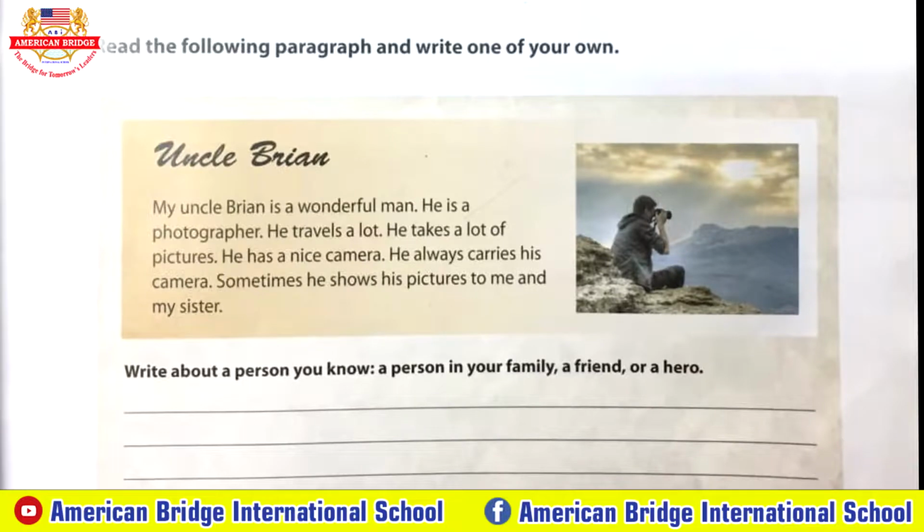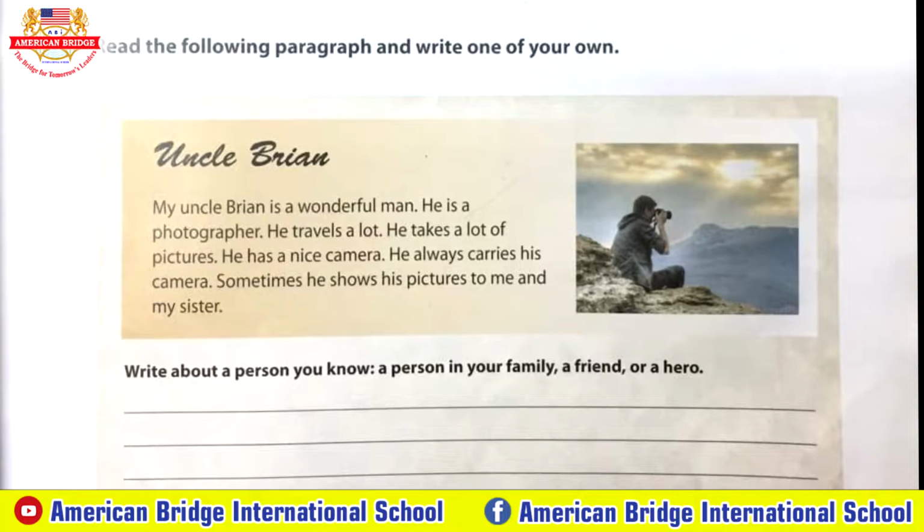Now for our part 2, read the following paragraph and write one of your own. So as you can see, everyone, you have already your example, Uncle Brian. For your exercise in your textbook, write about a person you know, a person in your family, friend, or a hero.